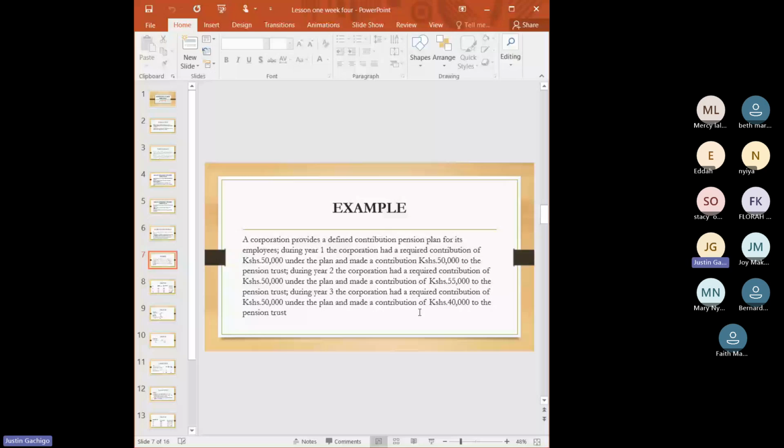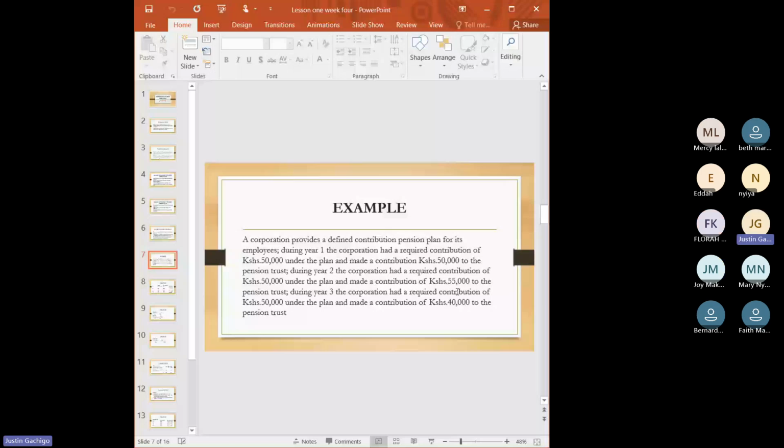just understanding the question, how you can put this one in the income statement and in the balance sheet. Number one, you realize that in year one, the organization was required to contribute 50,000, and they indeed made 50,000. In year two, they were required to contribute 50,000, but they contributed 55,000, so they contributed more in year two. In year three, they are required to contribute 50,000, but they contributed 40,000, so they under-contributed.